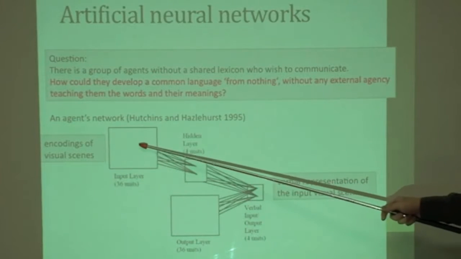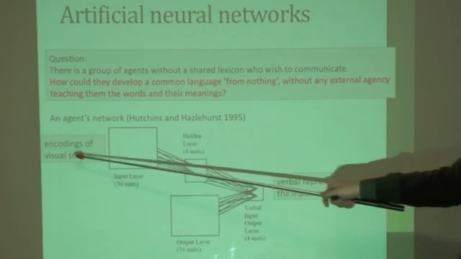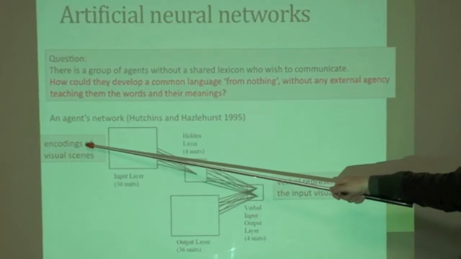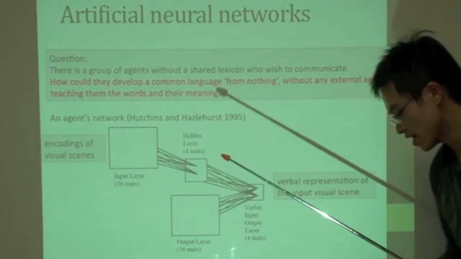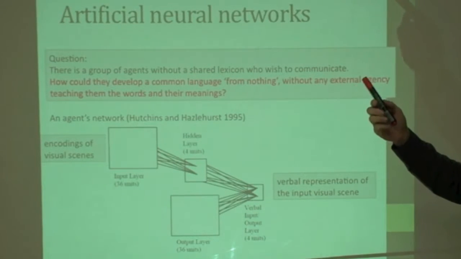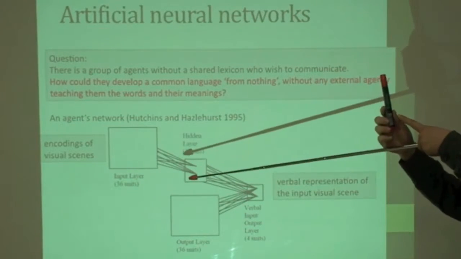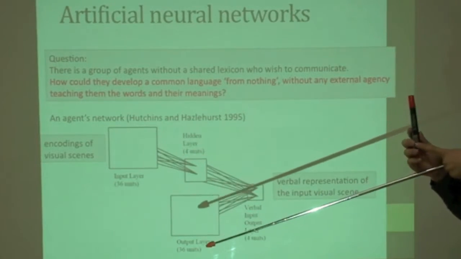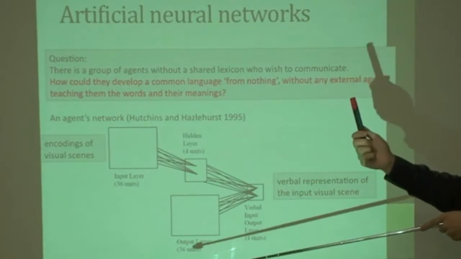And the input layer includes the encoding of the visual scenes. So what does encoding of the visual scenes mean? For example, one agent observes a scene like this, but they do not know the name of this thing, and perhaps they generate a name for this thing as a pen.